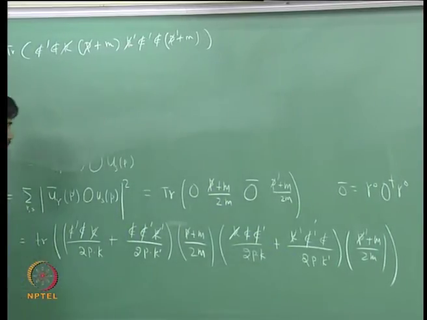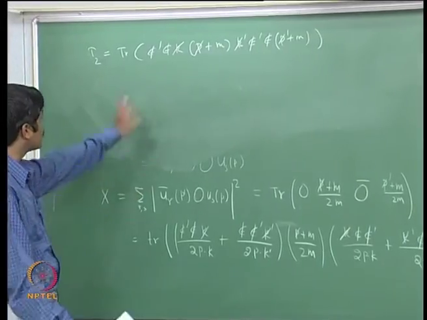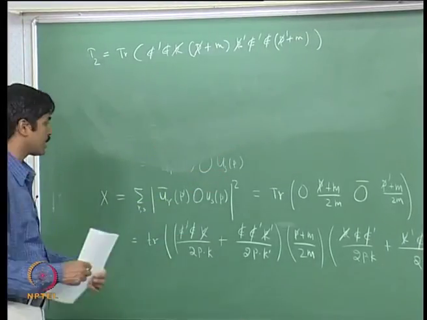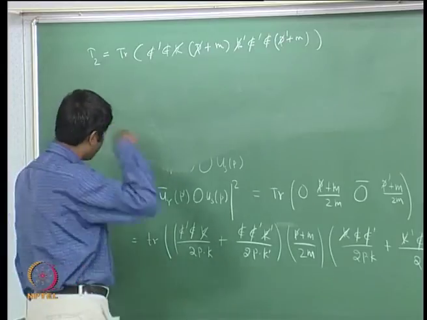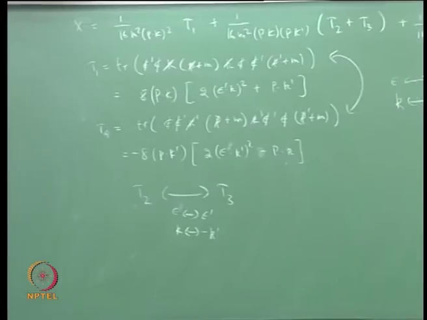Okay. So, these are T2s and T3s, and you can see clearly that T2 and T3 are related by this symmetry that I have given here.